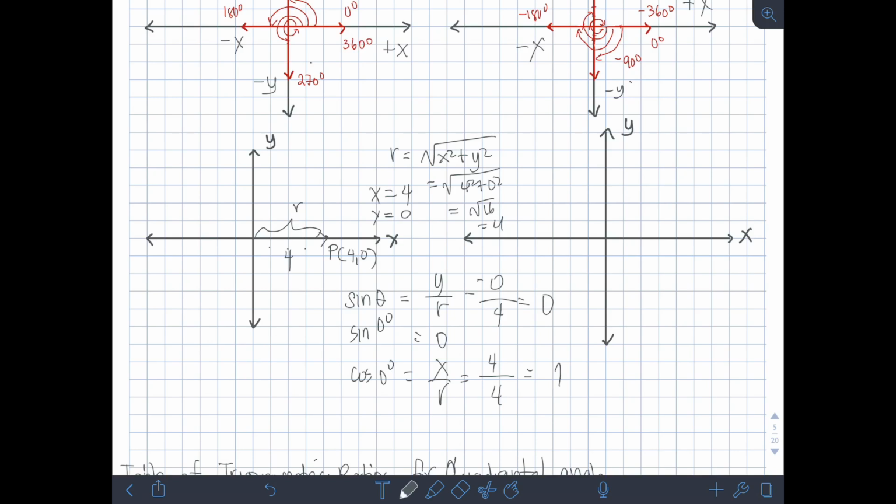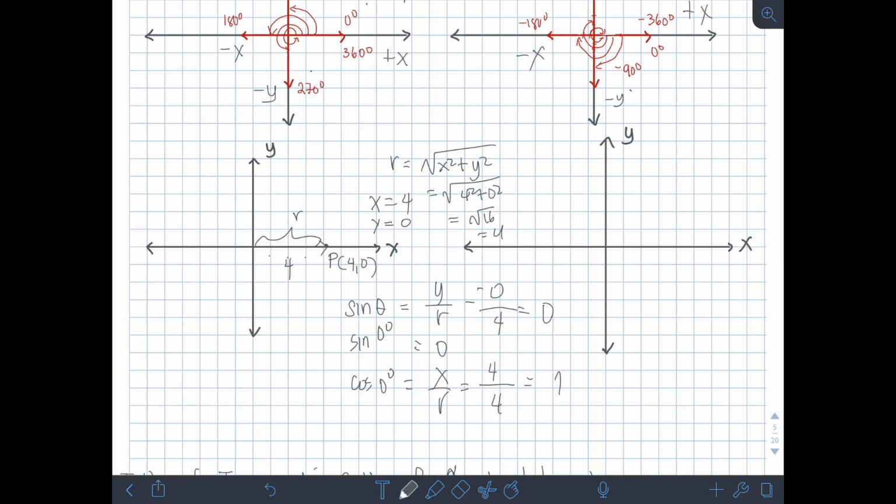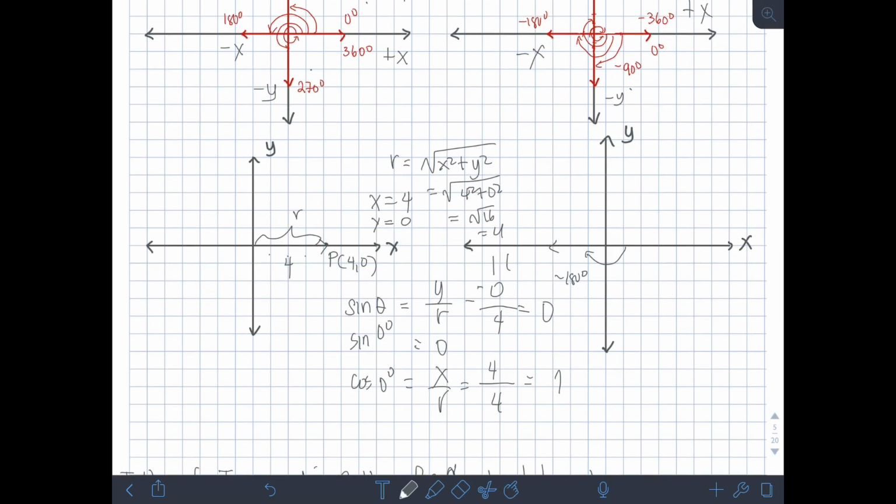Same as kapag negative angle. So, let's say, gusto ko naman nandito tayo. Terminal point natin ay negative 180 degree. So, let's say, mag-assume tayo ng coordinate na P is negative 3, 1, 2, 3 daw, negative 3, 0. Kasi nasa negative x-axis. So, ganun pa rin.